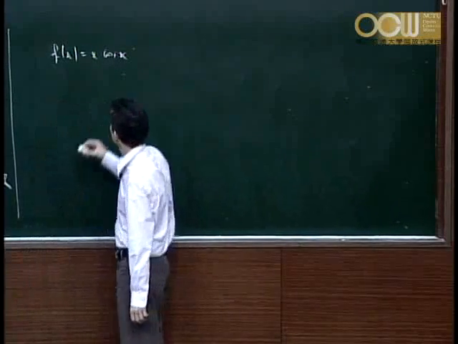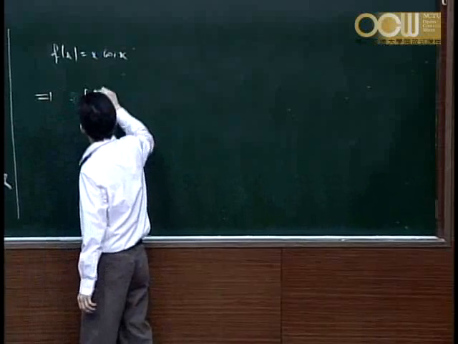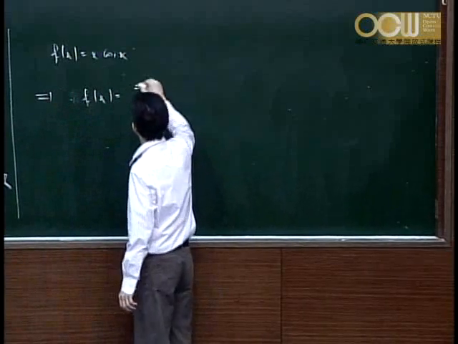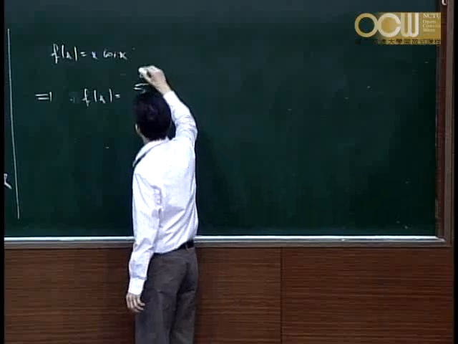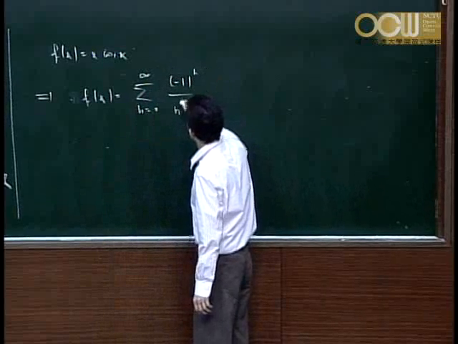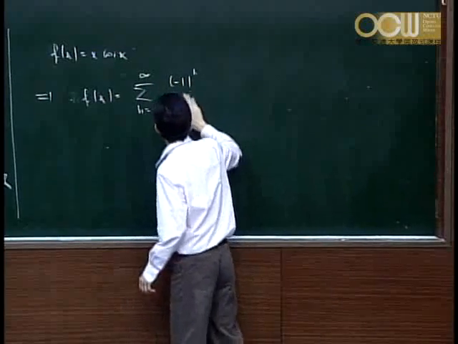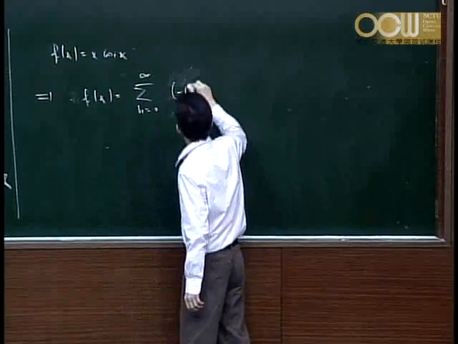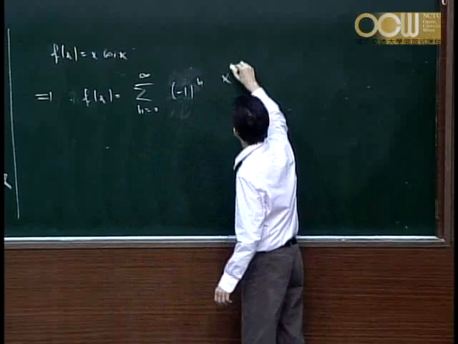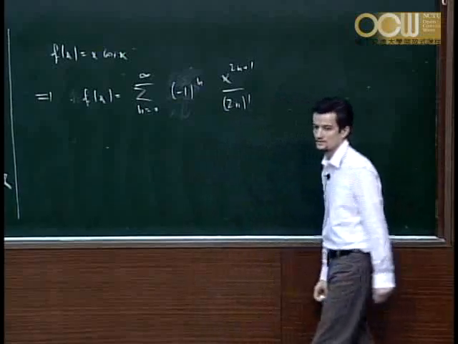So from this result, you immediately get that f of x has the power series representation, the sum from n equals 0 to infinity of minus 1 to the n, then x to the 2n plus 1 over 2n factorial.